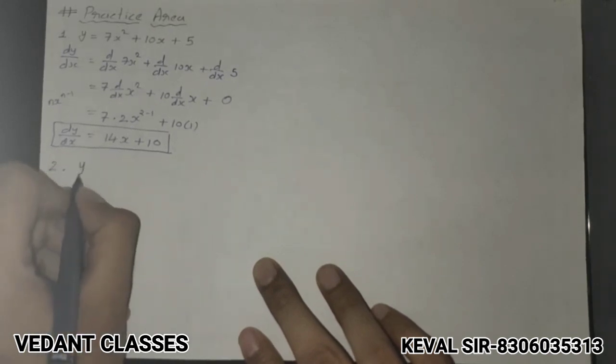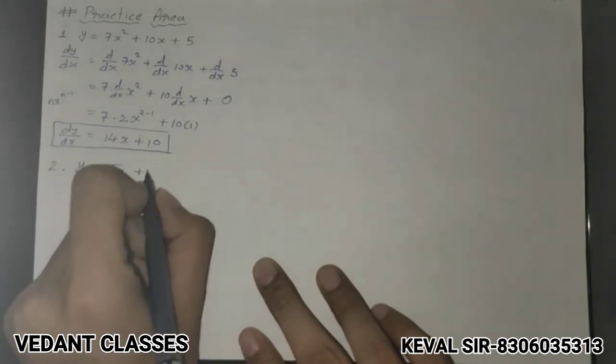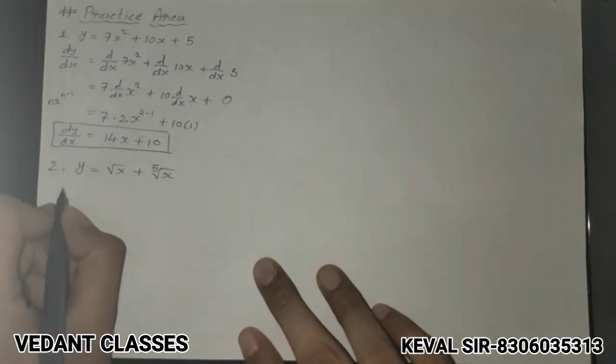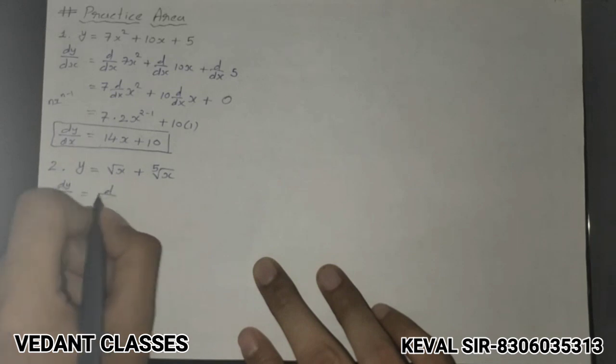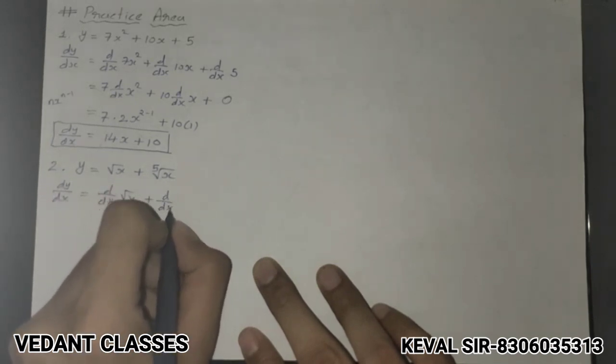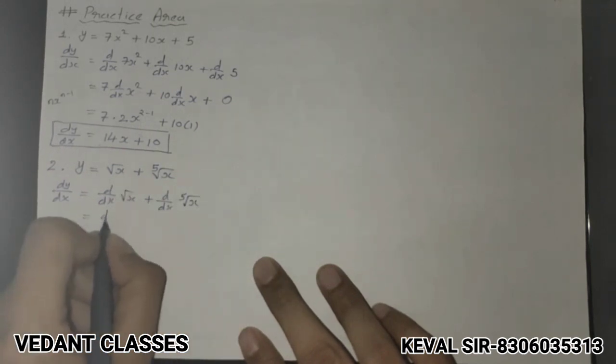Let's consider the question y is equal to root x plus fifth root of x. Let's apply dy by dx. It will be d by dx of root x plus d by dx of fifth root of x. Can we write it like this?